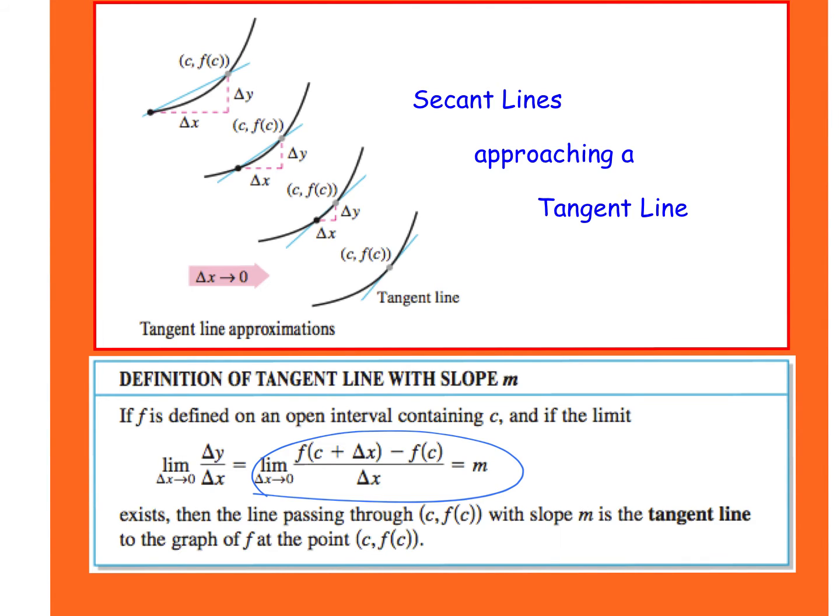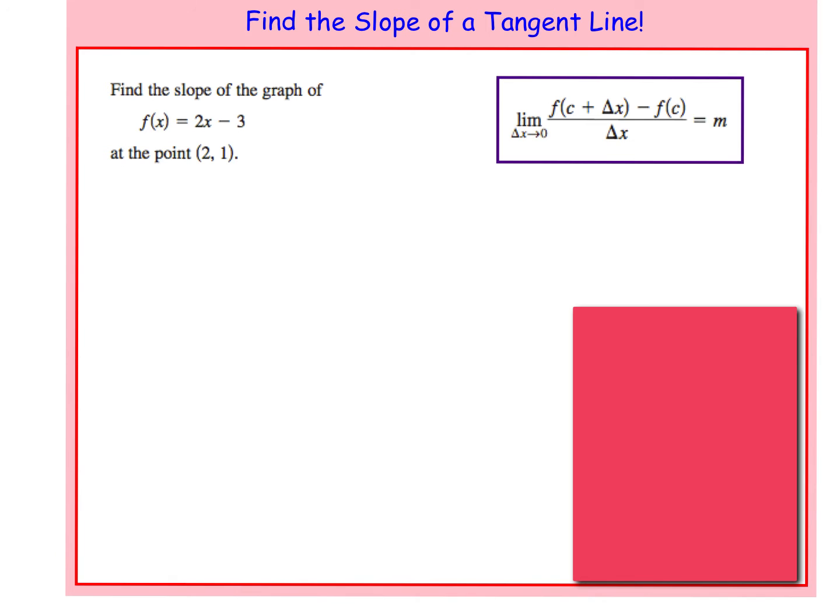All right? So let's memorize this. Let's be able to use it. We have the limit as delta x approaches 0 of f of c plus delta x minus f of c all over delta x. You're going to have to memorize that. Okay? All right, let's use it.